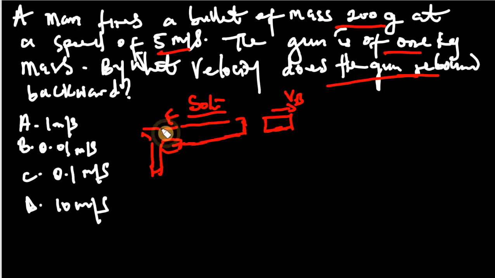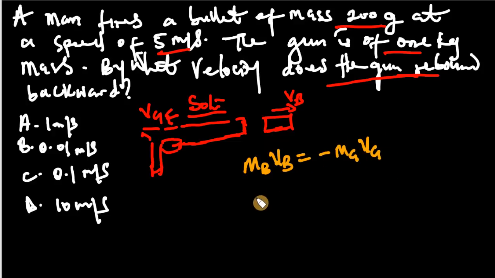This is the velocity of the gun. So using the formula for the conservation of linear momentum for recoil of a gun, you have mb vb equals minus mg vg. If we make vg the subject of the formula, we have minus vg equals mb vb upon mg.